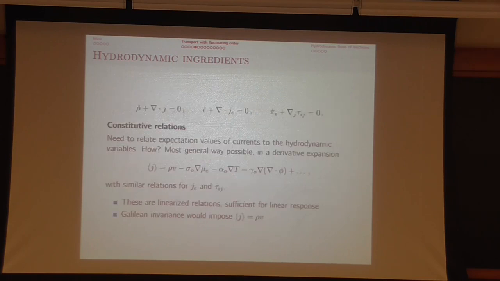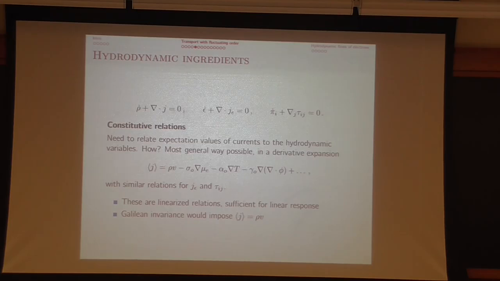Now that we have these conservation equations, we need to close them to get equations of motion for the charge densities only. For this, we'll need constitutive relations for the currents. How do we do this? Without making any additional assumption, we'll just write the most general thing possible.